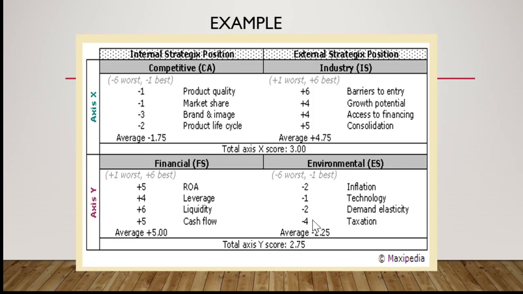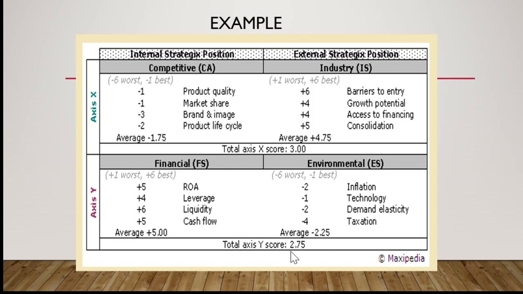We assign values between negative 1 and negative 6. We computed the average. Then, since we already have the average for financial strength and environmental stability, we add it. And then we come up with 2.75. So this is now the total score for the y-axis.